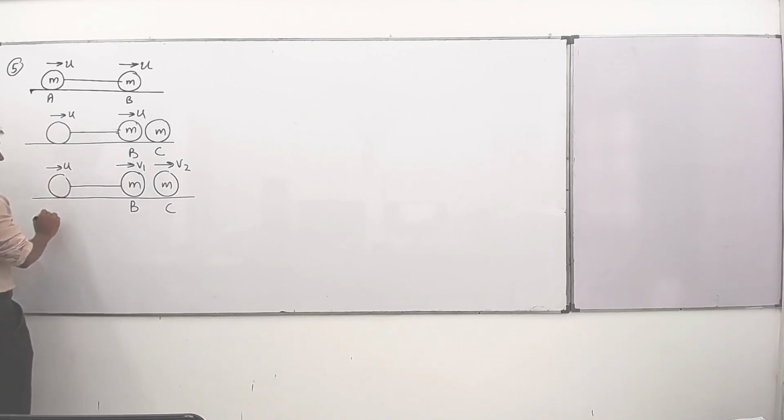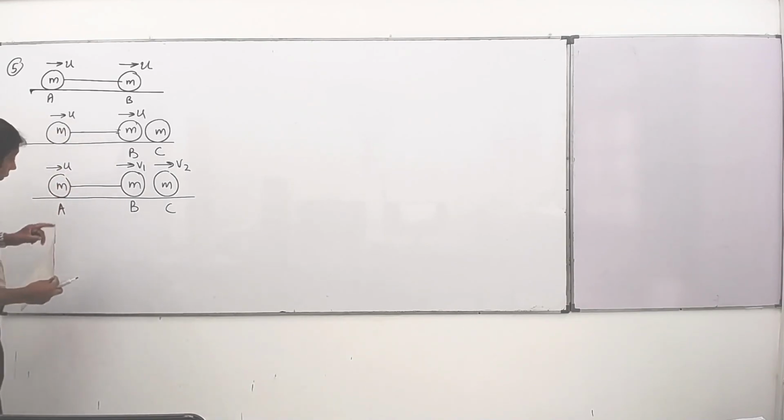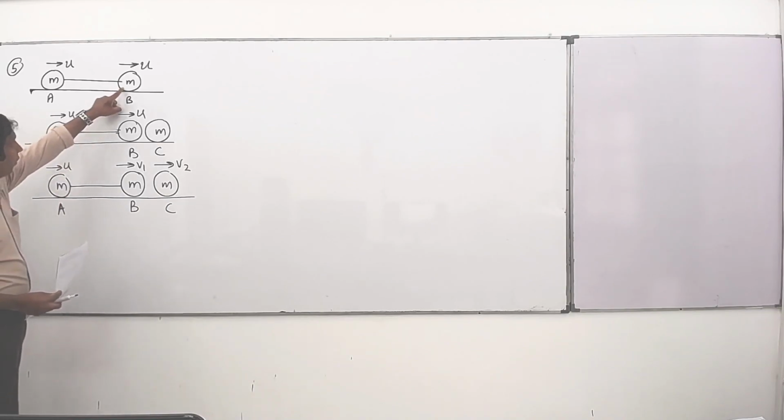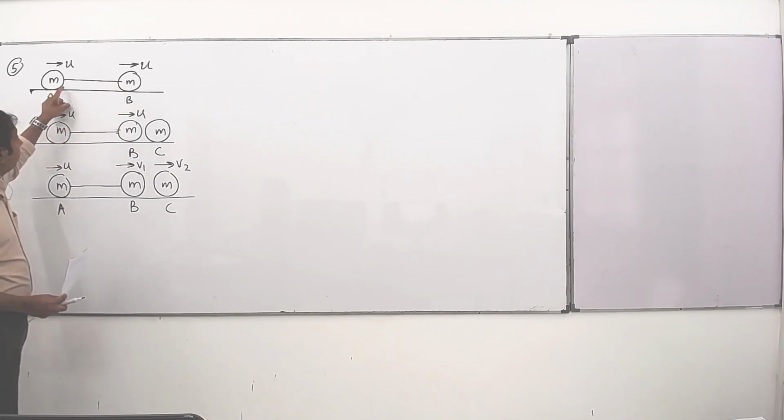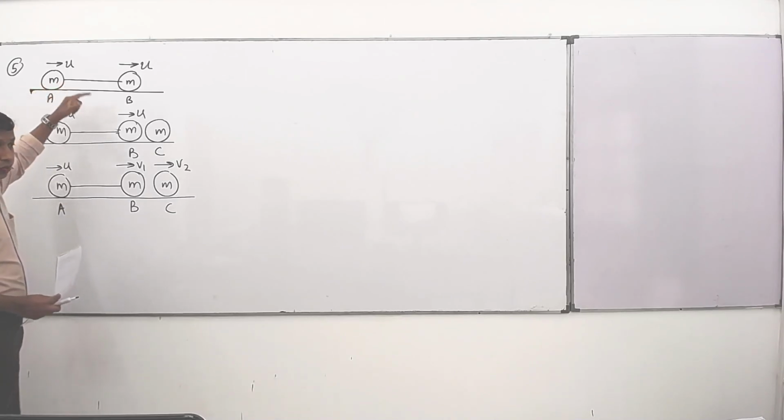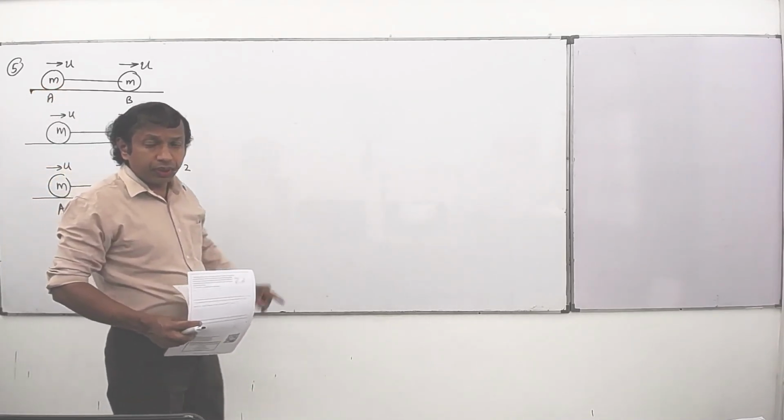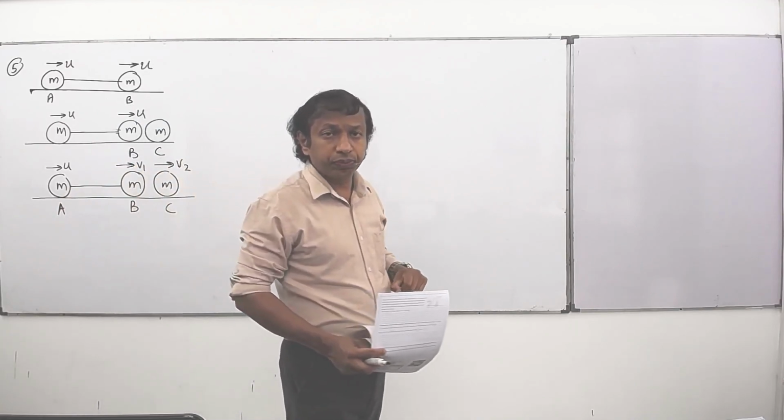People, you can see here, right? This plane is smooth. Soon after giving the impulsive force, B begins to move with velocity u. Meantime, at the same moment, A begins to move with velocity u. And this plane is smooth.